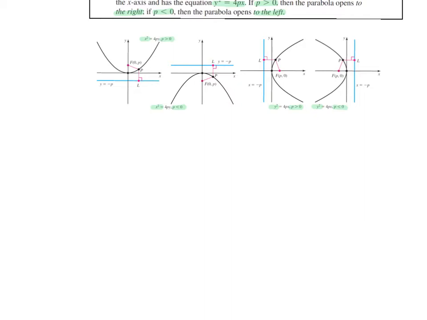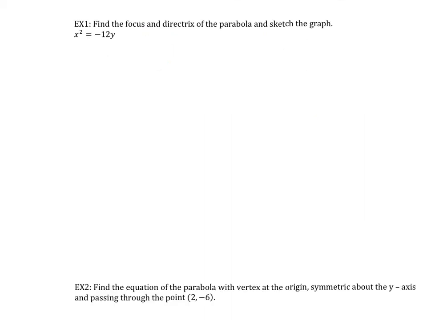Let's go ahead and do some examples. Let's say that we needed to find the focus and the directrix of the parabola, and then we also wanted to sketch its graph. Well, if you look at this equation, it's an x squared. So this is similar to the generic equation, x squared equal to 4py.